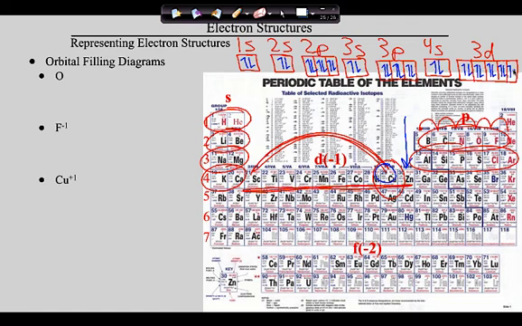Now what we have to do is account for the +1 charge. If you were paying attention as we were talking about fluorine, you may remember that we said that we can only add or remove electrons from the highest S or P. And as we look at our orbital filling diagram for copper, we need to find our highest S or P sublevel, and that would be this.